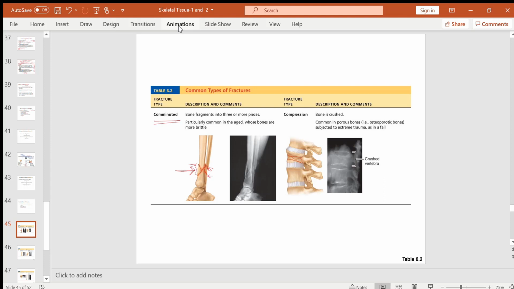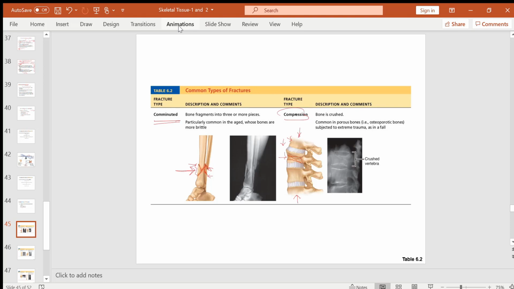Compression type fracture usually occurs due to vertical pressure. You know, your body weight is transmitted through the vertebral column or spine, and these are vertebrae, the bones. So if you take heavy weight or you jump from height, the pressure on the spine or vertebral column is created. Which way? Vertically.